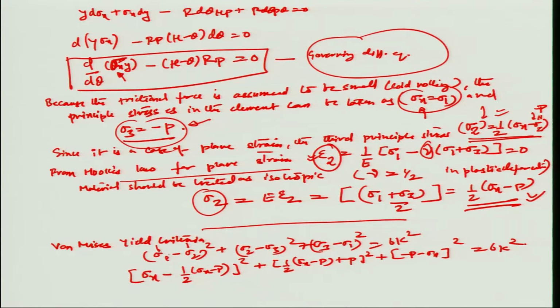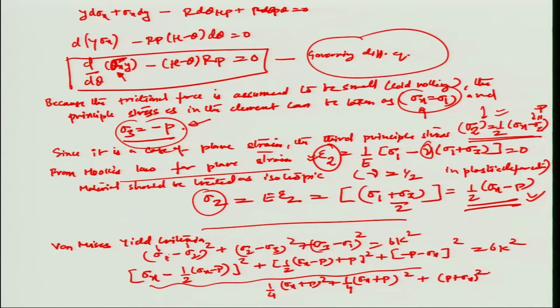If we solve this algebraically, it leads to 1/4 of (sigma x plus P) square plus 1/4 of (sigma x plus P) whole square plus (P plus sigma x) square equal to 6k square, or in other words, P plus sigma x equals twice k.